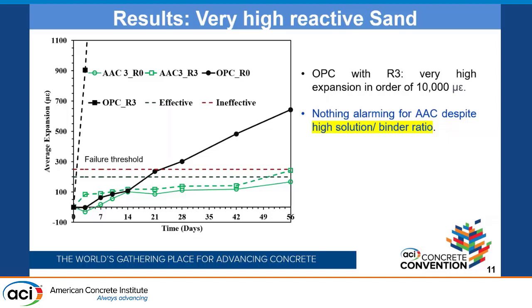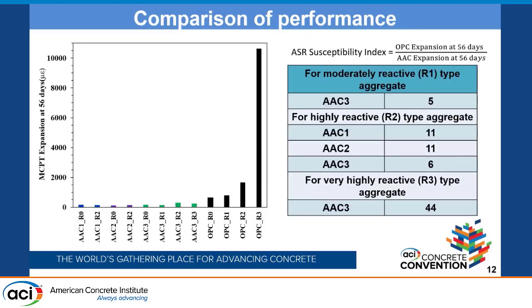The point to be noted here is that the solution to binder ratio is 0.6 for these alkali-activated concretes, whereas for OPC it is 0.45. Despite having a higher solution to binder ratio, they are not showing that much expansion.